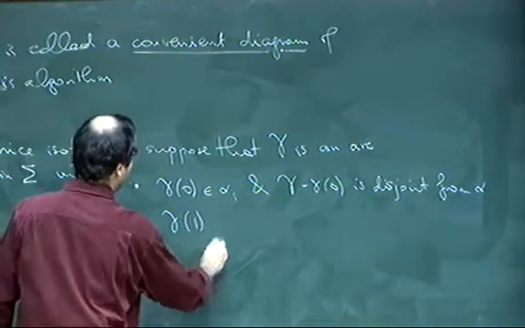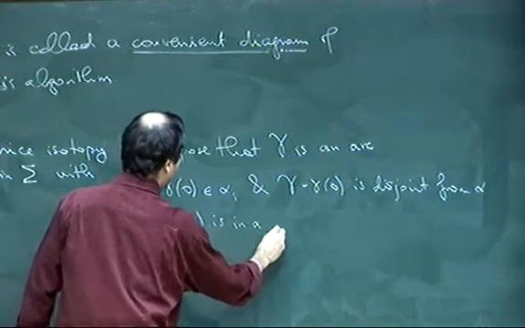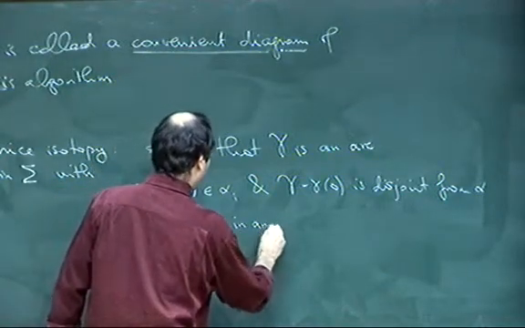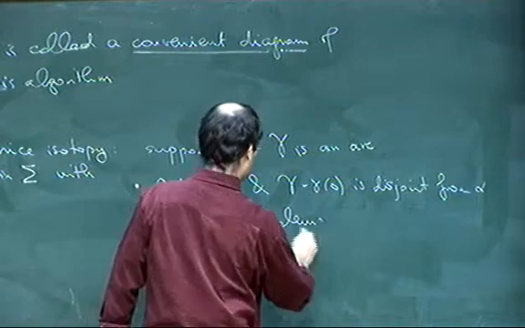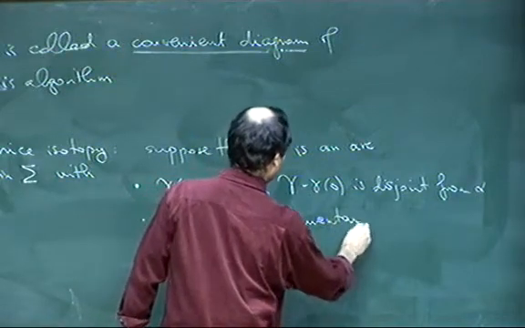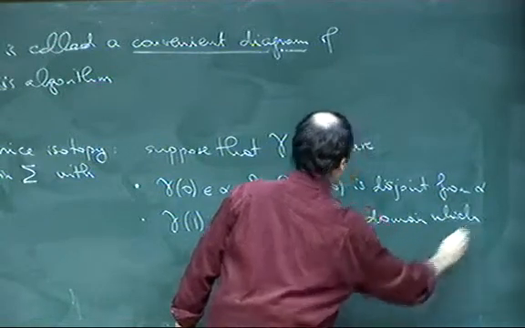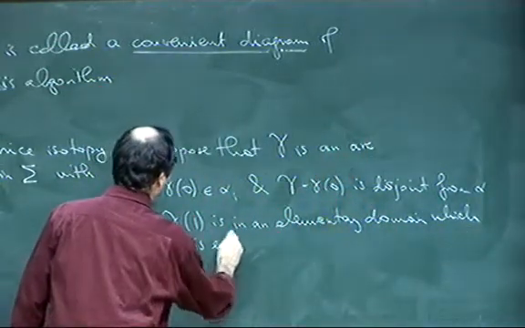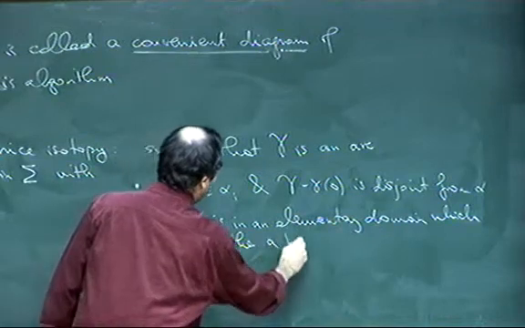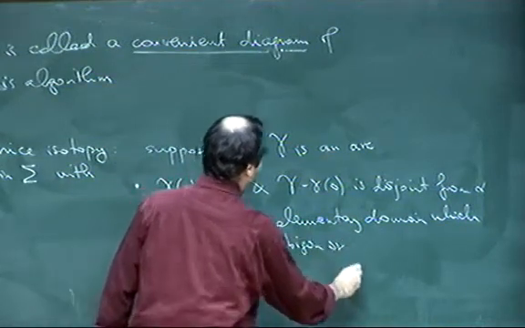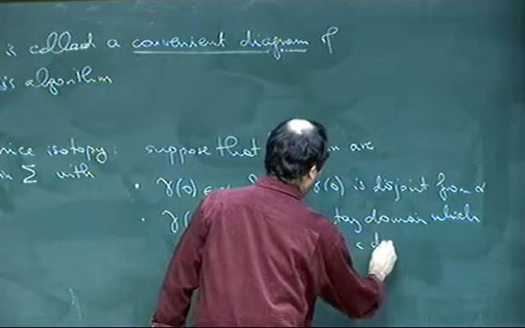Gamma 1 is in an elementary domain, which is either a bigon or a domain with a base point.